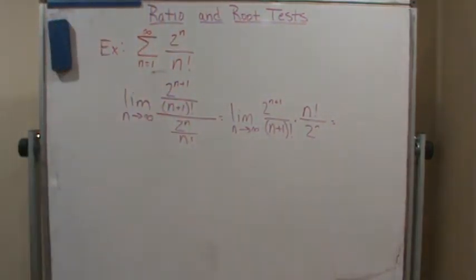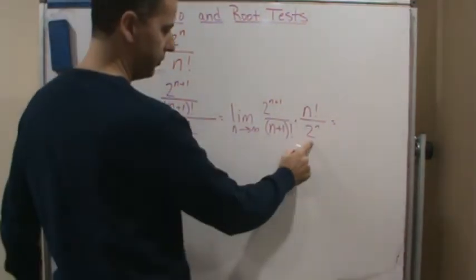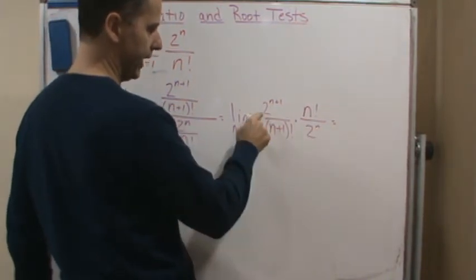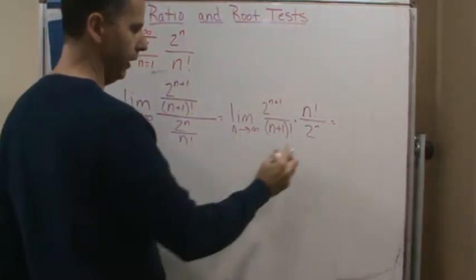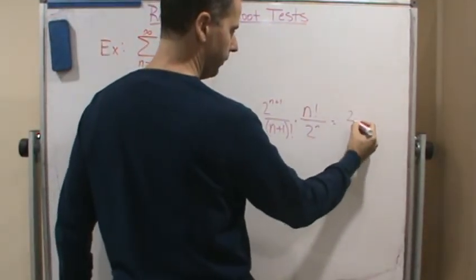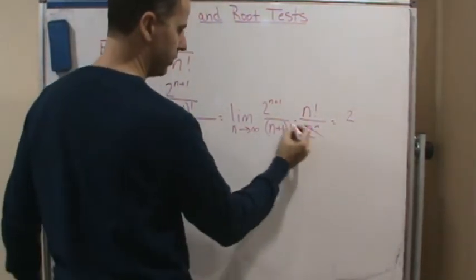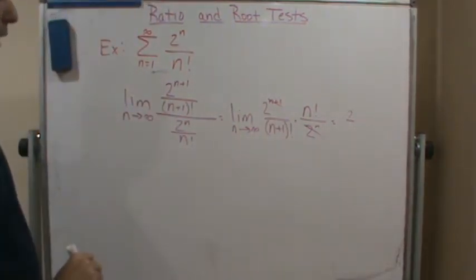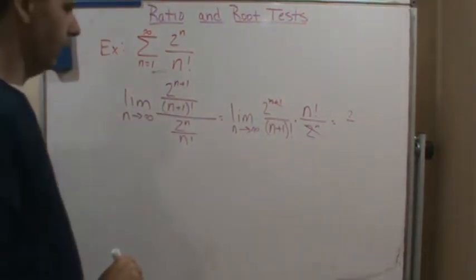Now notice that the factors in 2 to the n are going to cancel with all the factors in 2 to the n plus 1 except one. So I'm going to get 2 on top.